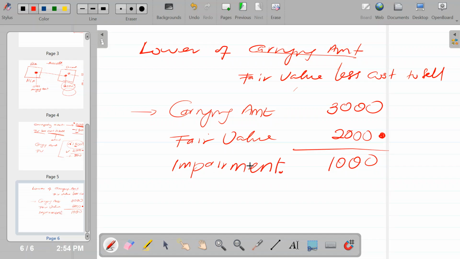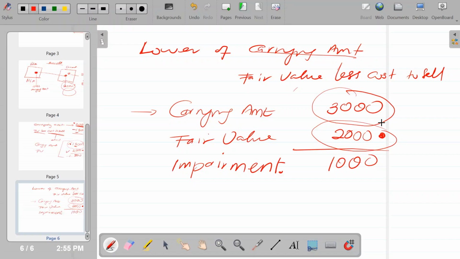Why are we treating it as impairment? Because the carrying amount is a value we have placed on the assets in our books. The fair value is like the actual value, assuming we are to sell it, what we will get.